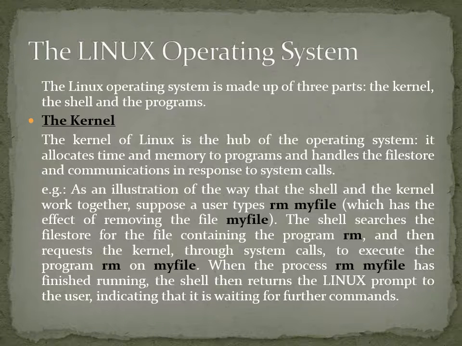The shell searches the file store for the file containing the program rm, and then requests the kernel, through system calls, to execute the program rm on myfile. When the process rm myfile has finished running, the shell then returns the Linux prompt to the user, indicating that it is waiting for further commands.